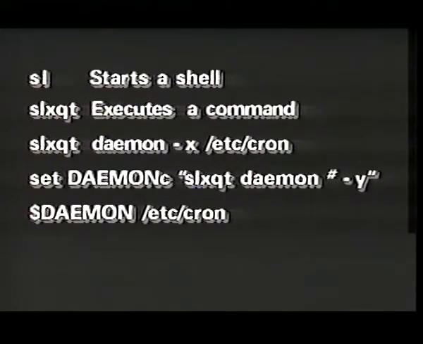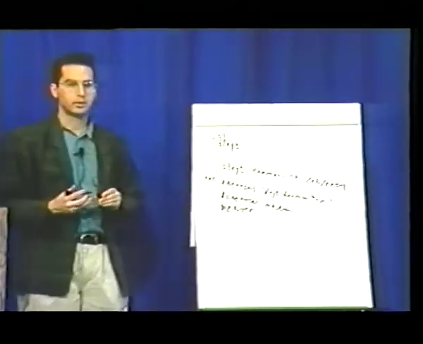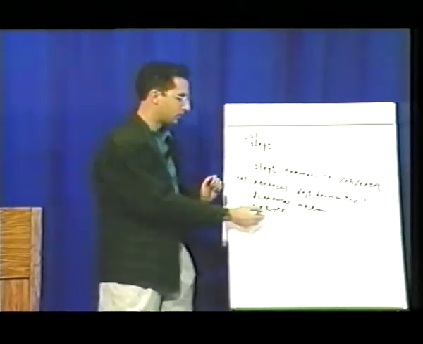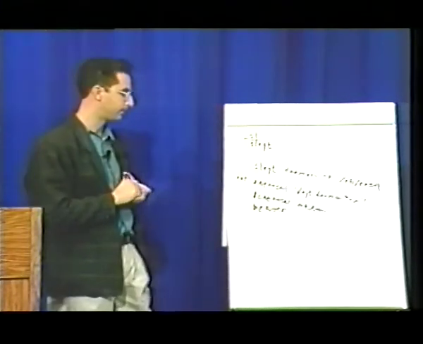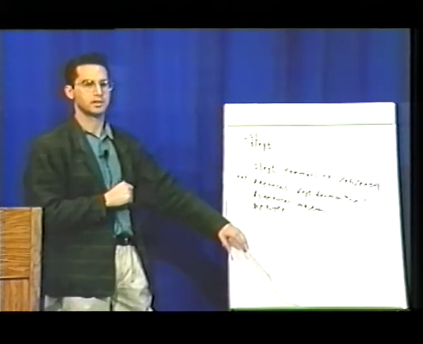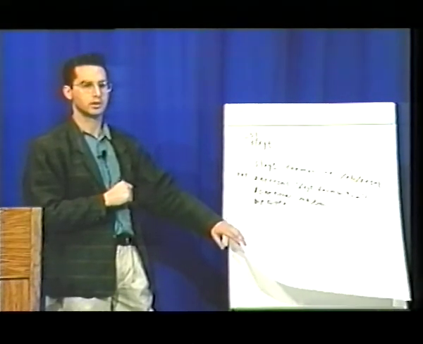So you'll see dollar daemon, or you'll see dollar network, and that's an easy way to look at it and go, oh, this guy's in network and this guy's in daemon. And you'll make fewer mistakes, and it's convenient. Those are the biggest mistakes I think we've actually experienced in bringing this up.